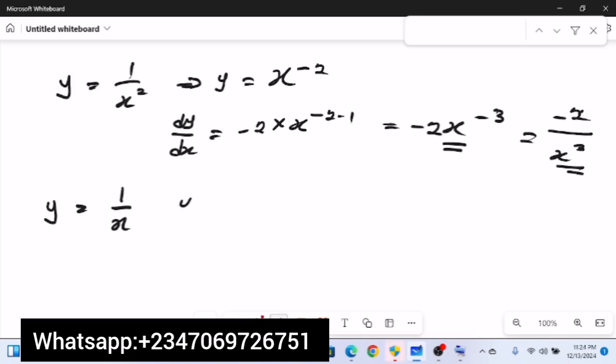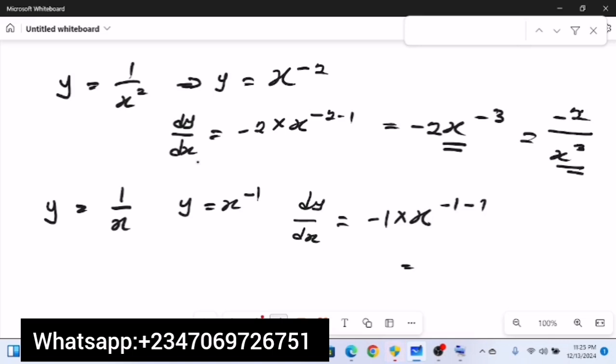That means y is going to be equal to x to the power of minus 1 in indices. Now with this, I can simply find dy/dx to now be equal to, remember, use the power, in this case negative 1, to multiply the variable x. Now you keep back your power, negative 1, then subtract 1 from it.